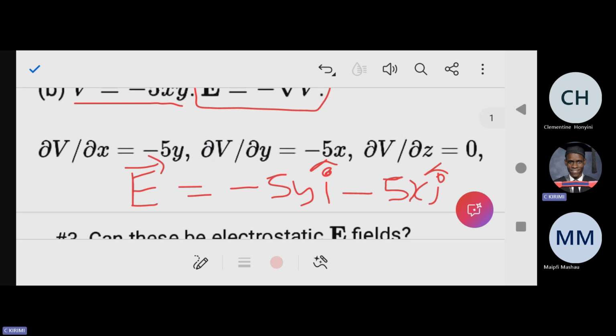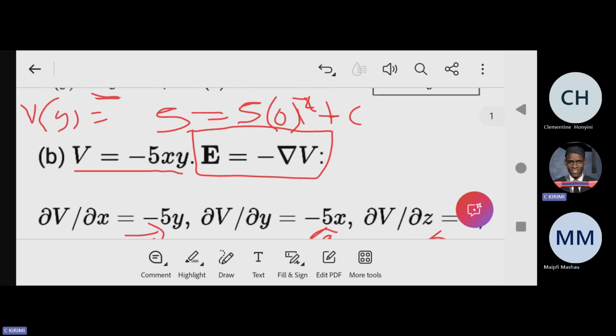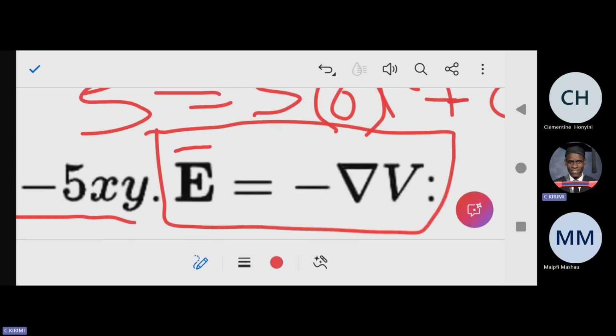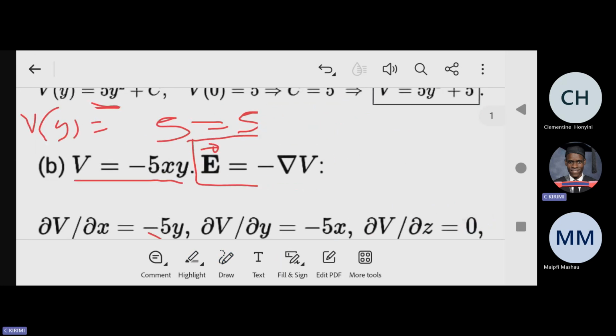Here E is bold, it's a vector. Whenever you see it's bold, it means it's a vector. So we have found grad V. E is minus grad V. But the negative that was already there was for differentiation.